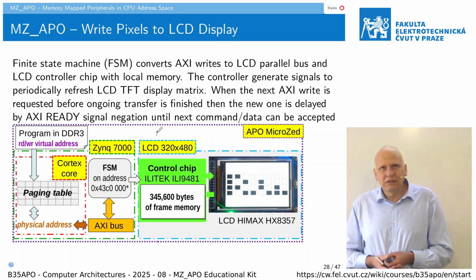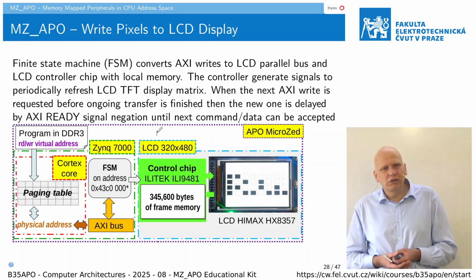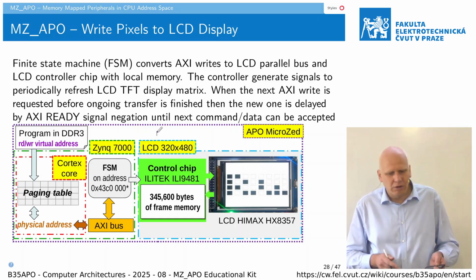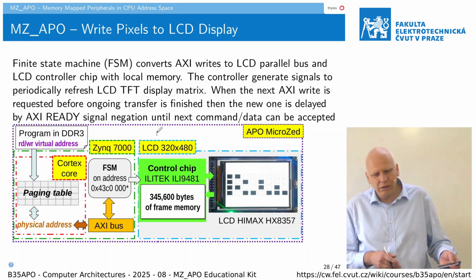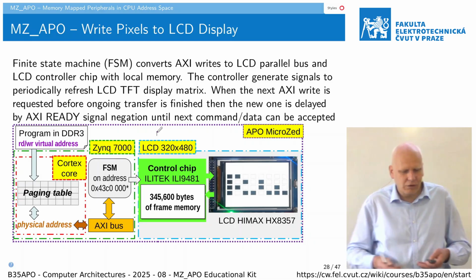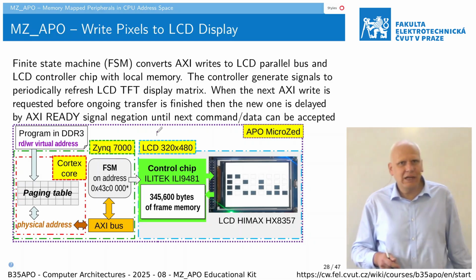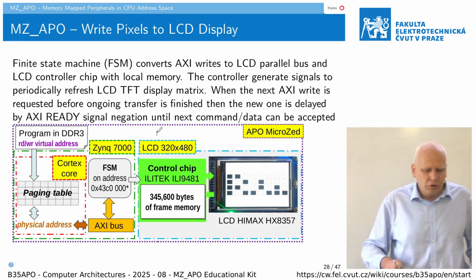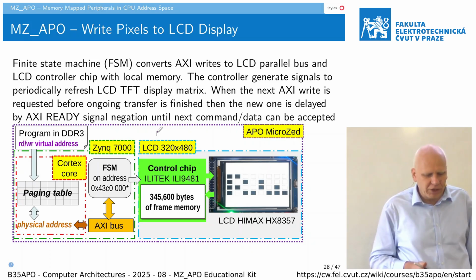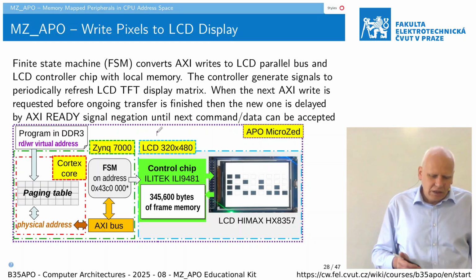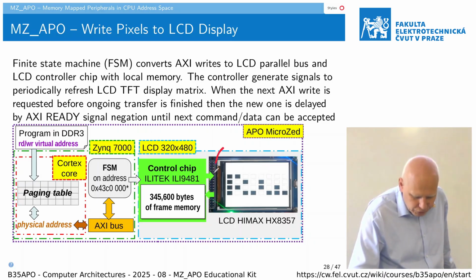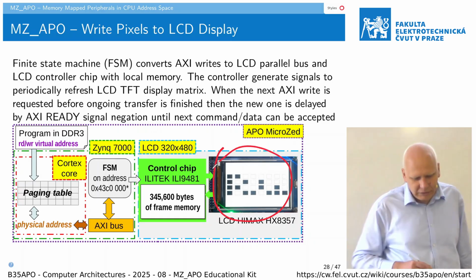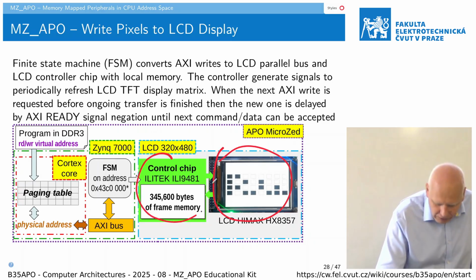In the typical application on a small chip, small embedded systems, you usually connect it through a parallel or SPI or serial connection. On a bigger system, you usually have the ability to map the whole video memory to the address space. But due to the requirement of low price, we have chosen a display which has a local controller.